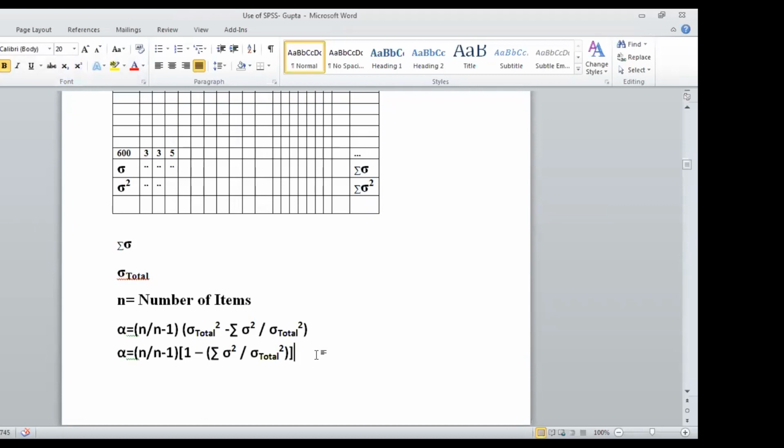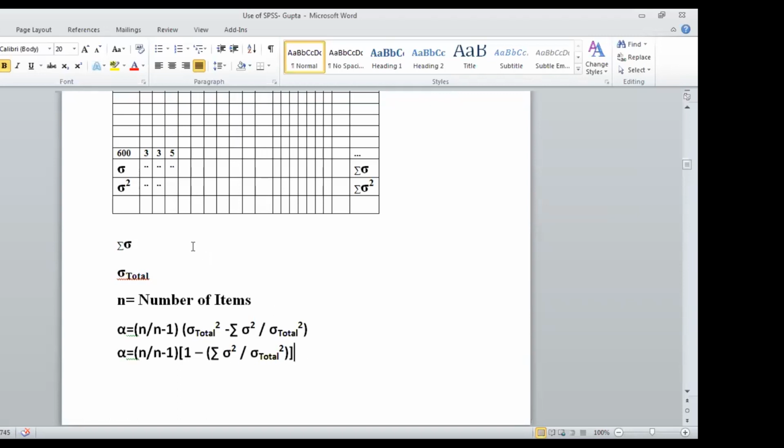And your alpha can range between 0 and 1. But your value must be close to 1. If it is close to 0, then your reliability is low. And if it is near 1, then your reliability is high.